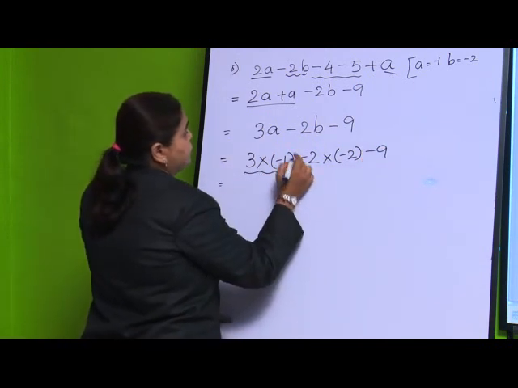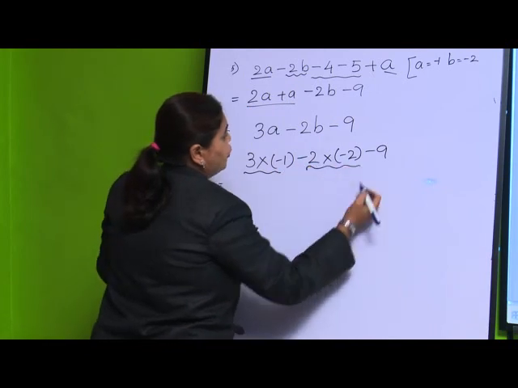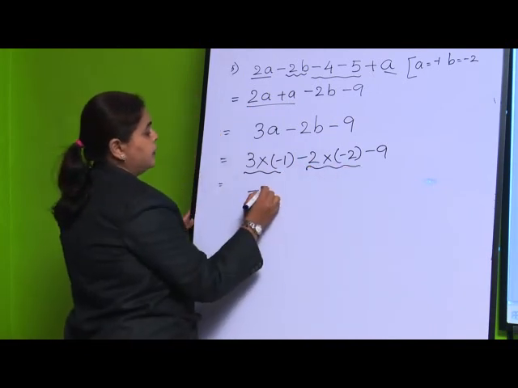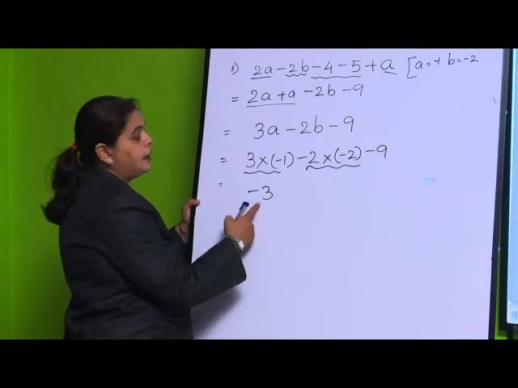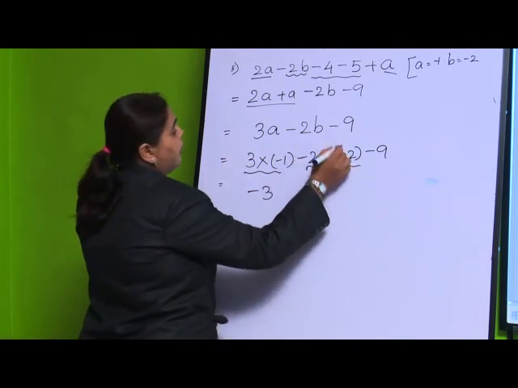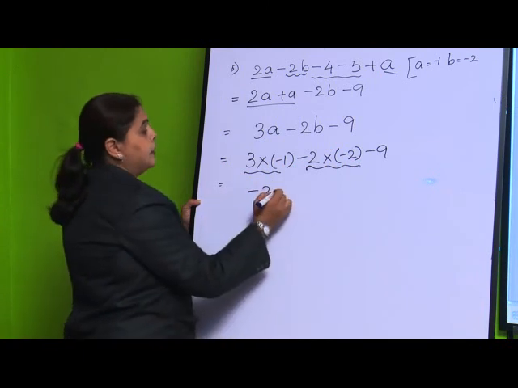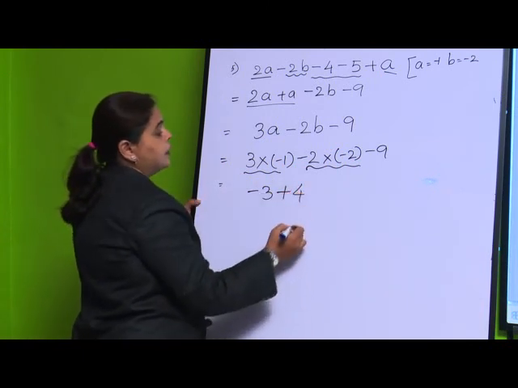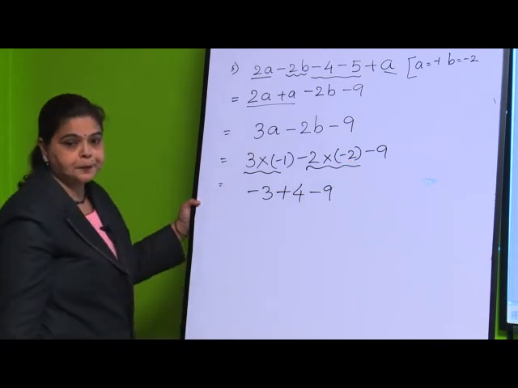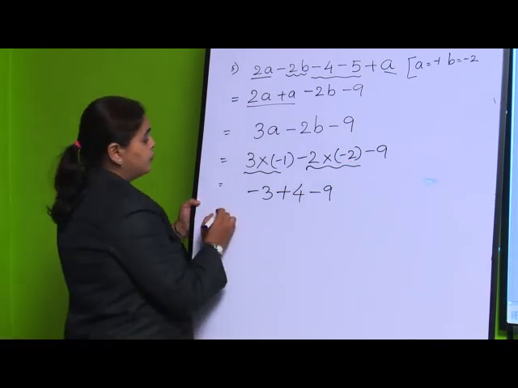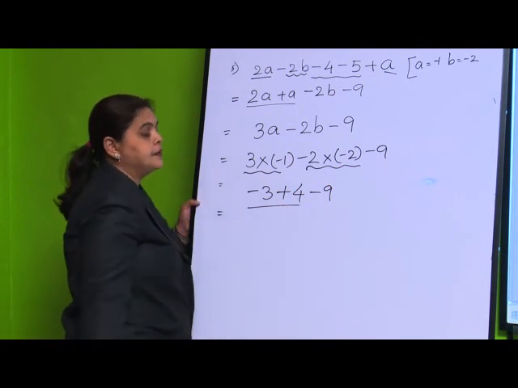Here 3 ones are 3, it is minus, so we write minus 3. Here minus into minus is plus, 2 twos are 4, and this is as it is, minus 9.